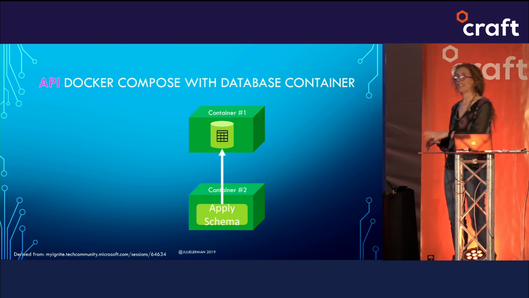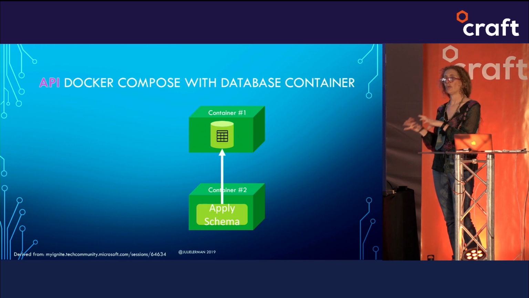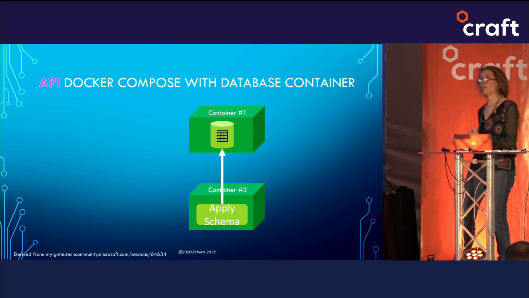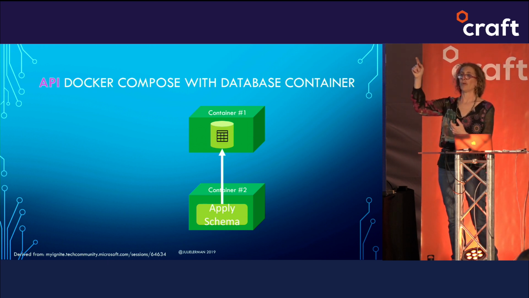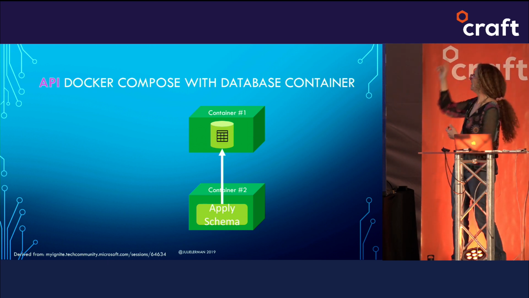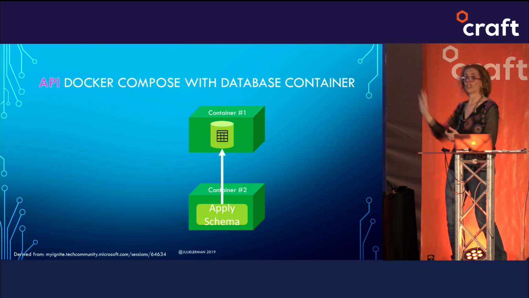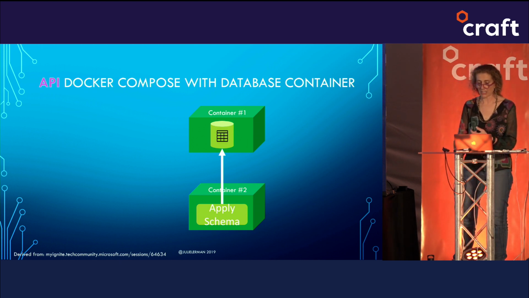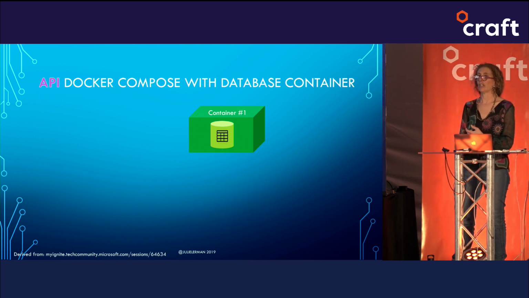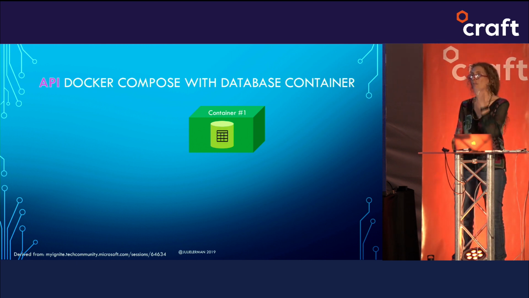Then another container that is going to run migrations is going to spin up, and it's going to run SQL, pointing to my database in the container, and push the schema information and insert the seed data in there. When it's done, it's just going to disappear because it's finished doing its job. I don't need to use resources anymore. And it does that automatically. Docker will do that because it's finished doing its job.